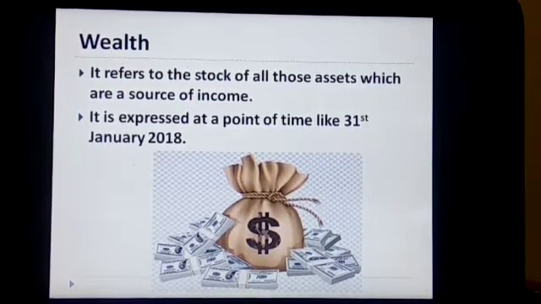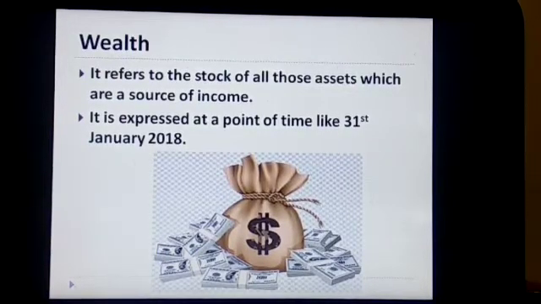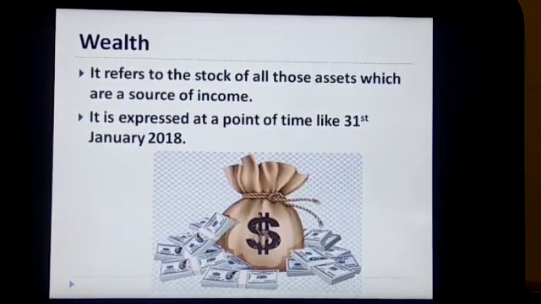All the belongings you have that can generate a source of income are called wealth. And it is expressed at a point of time. It is a stock concept. Generally, we say that on 1st January, I have a building, I have a house, I have jewelry, I have cash. So wealth is measured at a point of time.